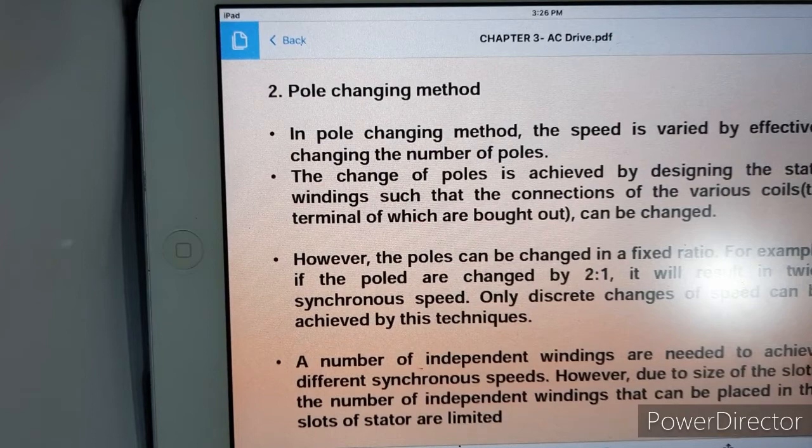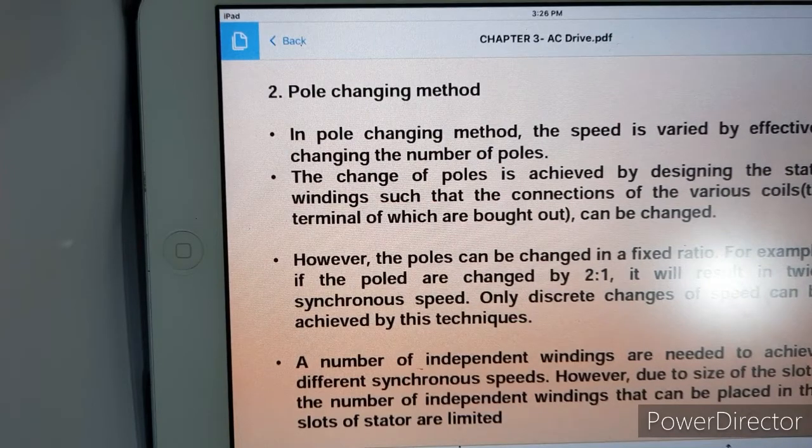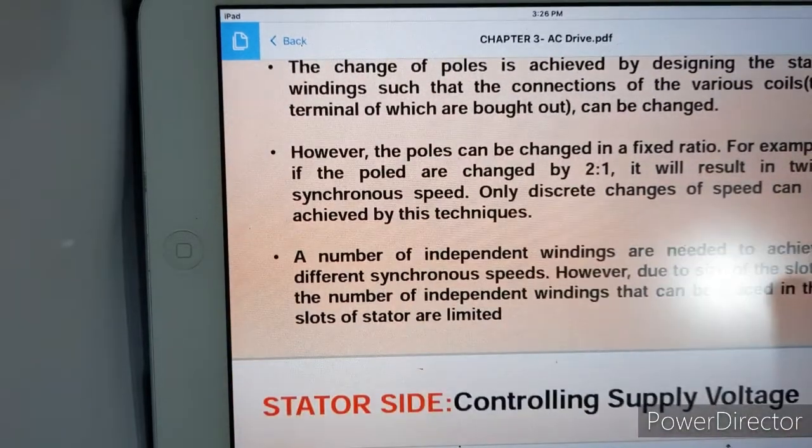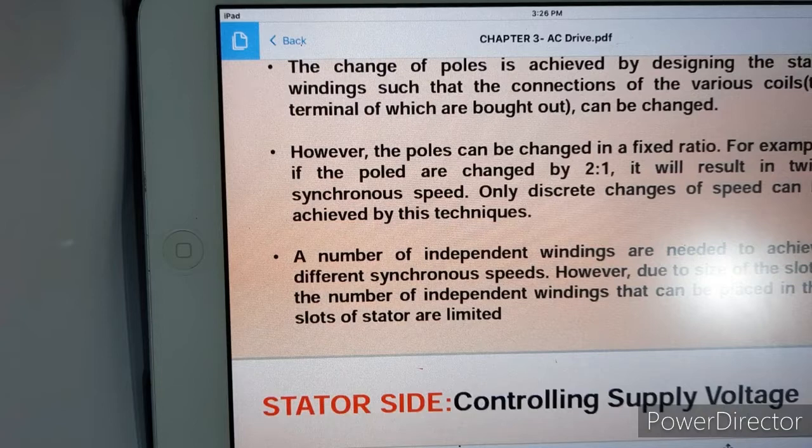Only discrete changes of speed can be achieved by this technique. A number of independent windings are needed to achieve different synchronous speeds. However, due to the size of the slot, the number of independent windings that can be placed in the stator slot is limited.